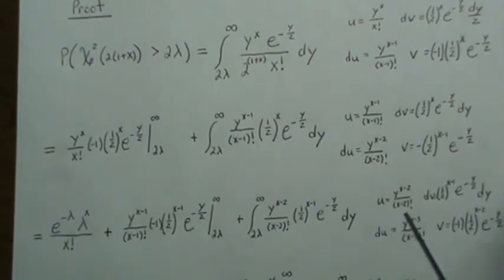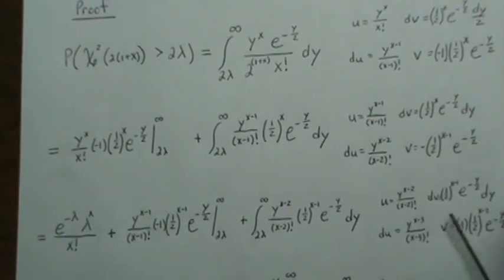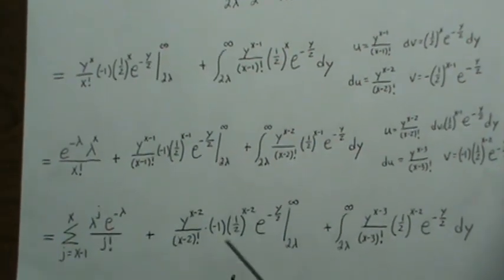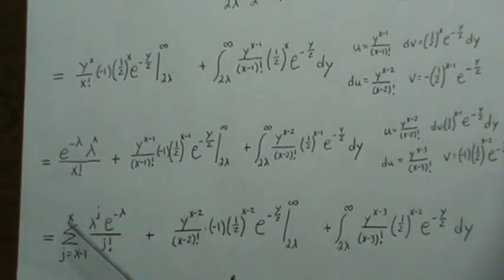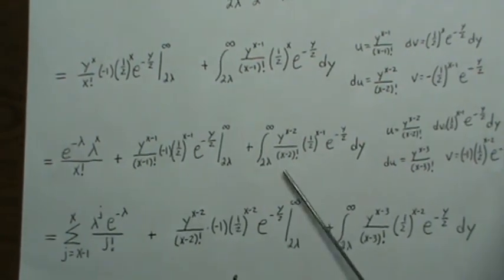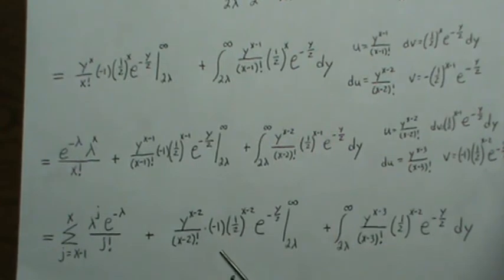This is the u component, and the dv is the rest. And then you take the derivative, the antiderivative, and then you get this piece. So this piece and this piece is a sum from x minus 1 to x. And then this component, this is the uv of our substitution, evaluated at 2 lambda and infinity.